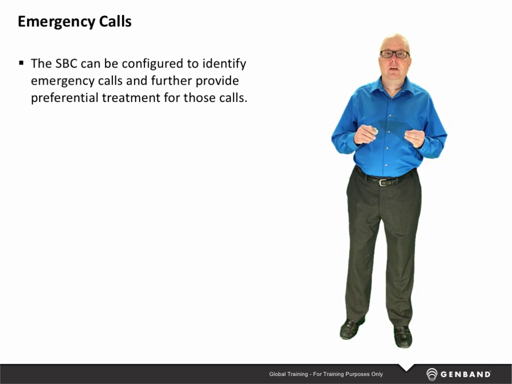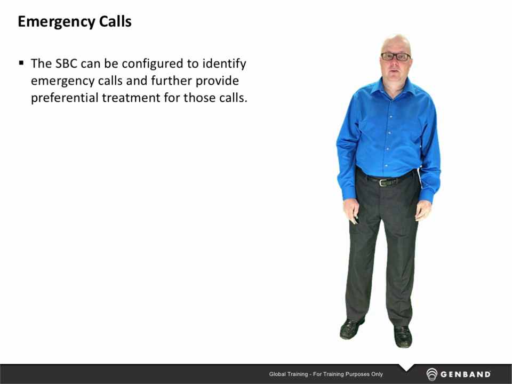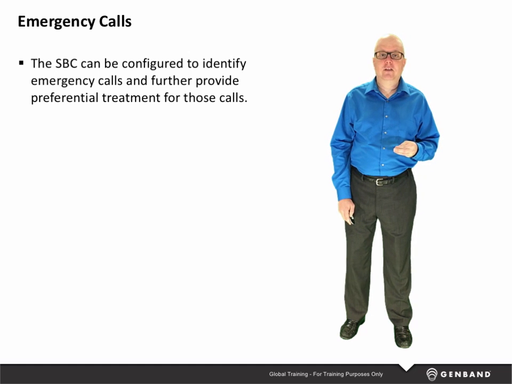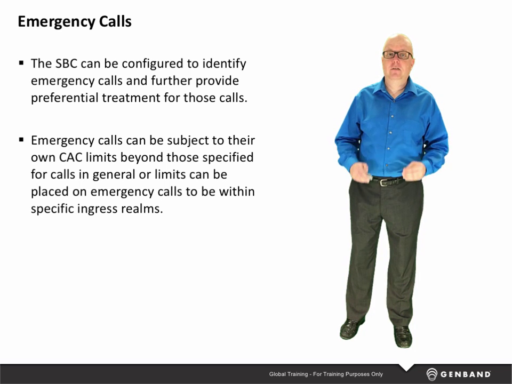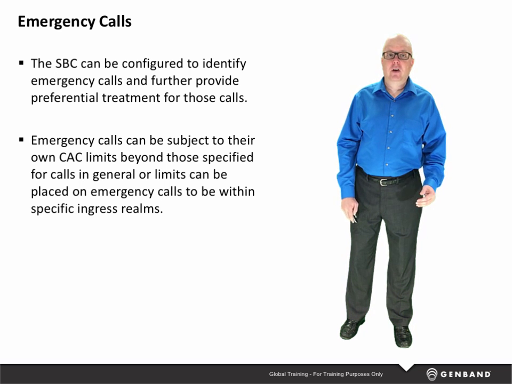Now, the SBC can be configured so that it knows what your emergency call numbers are. Let's say you've limited customers to 20 calls per second because you're primarily selling to businesses. And let's just say that the call admission control limit was 20, and somebody made a 21st telephone call that was an emergency call.